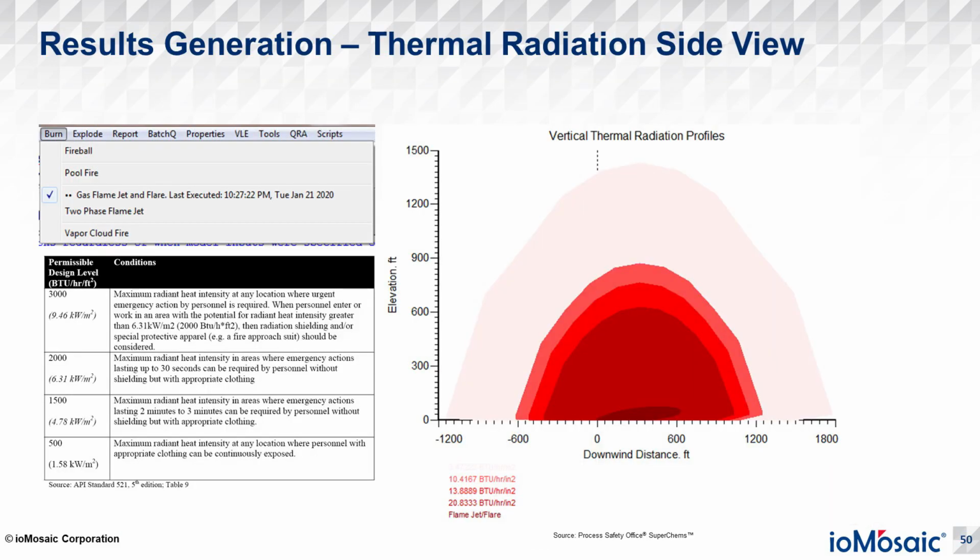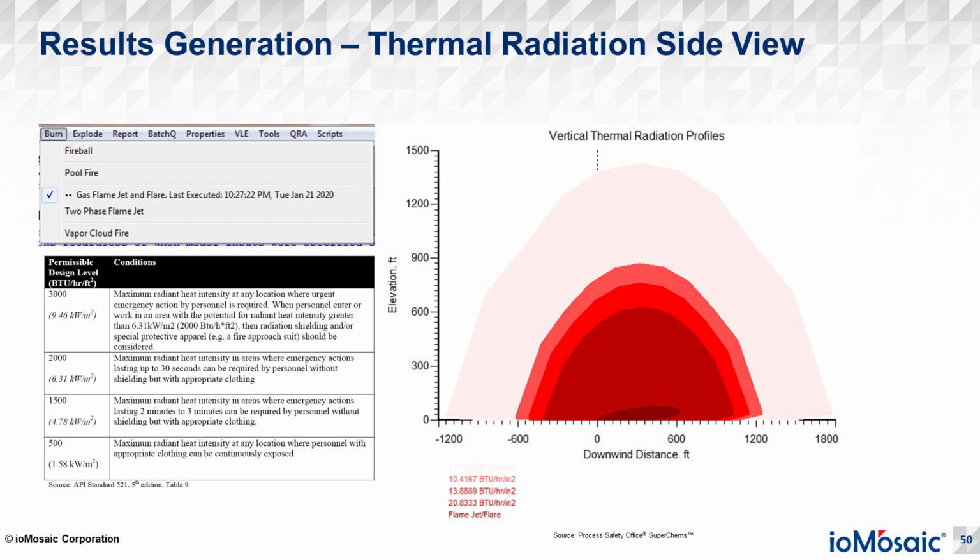If we look at the side view of the jet fire, you can see here that the jet fire is roughly about 600 feet long. The dark red represents the actual jet fire itself, and then we have the different corresponding thermal radiation values.